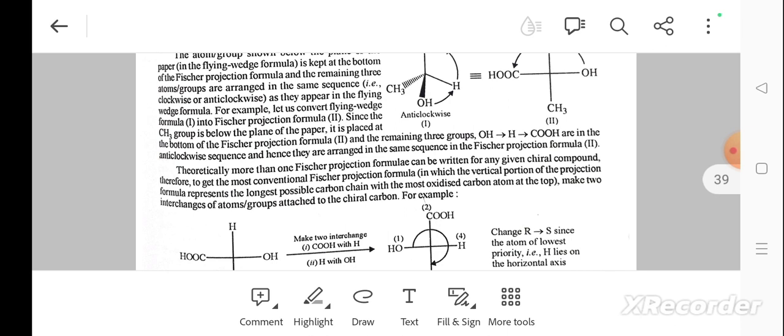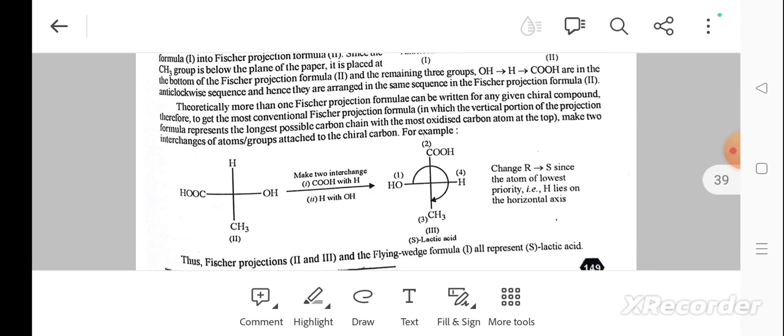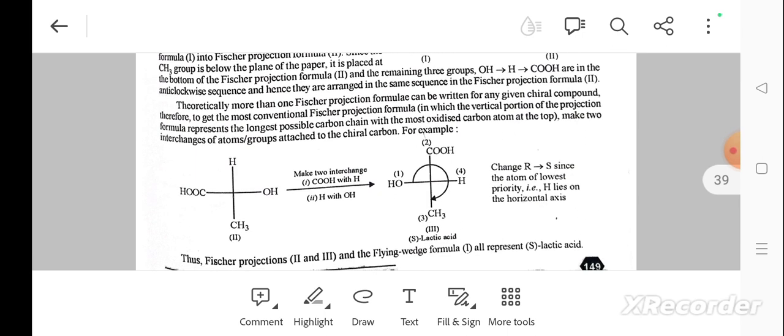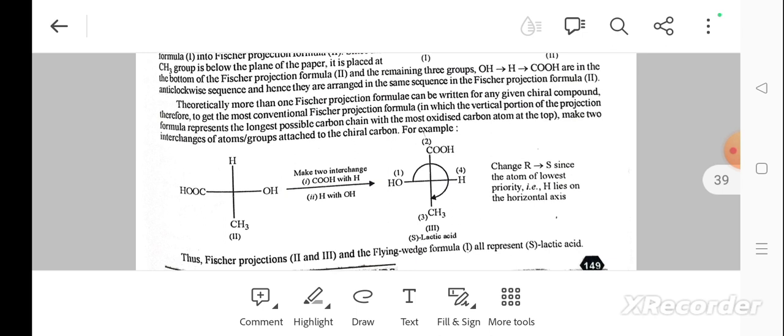Since the CH3 is below the plane of paper, it is placed at the bottom of the Fisher projection, and the remaining three groups of OH, H and COOH are in the anticlockwise sequence, and hence they are arranged in the same sequence in the Fisher projection.